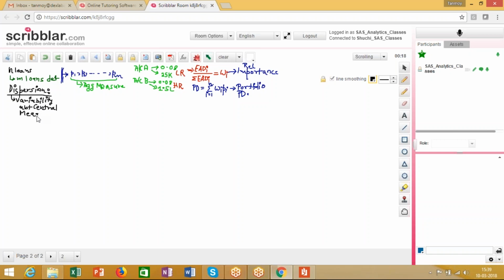And the most basic measure of dispersion that we talk about is the standard deviation or variance.